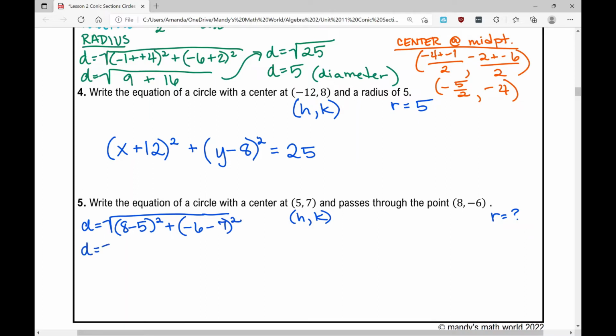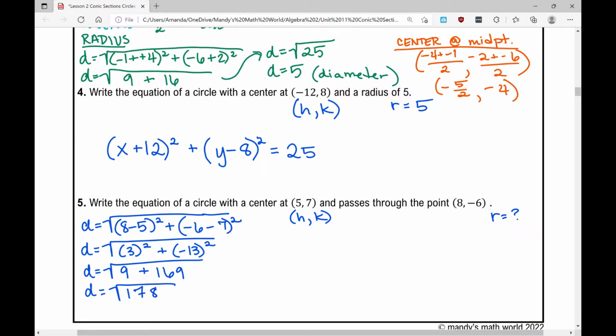So I get the square root of 8 minus 5, that's 3, 3 squared, plus negative 6 minus 7 is negative 13 squared. Now I've got the distance being the square root of 9 plus negative 13 squared, which is 169. And the square root of 9 plus 169 is 178.